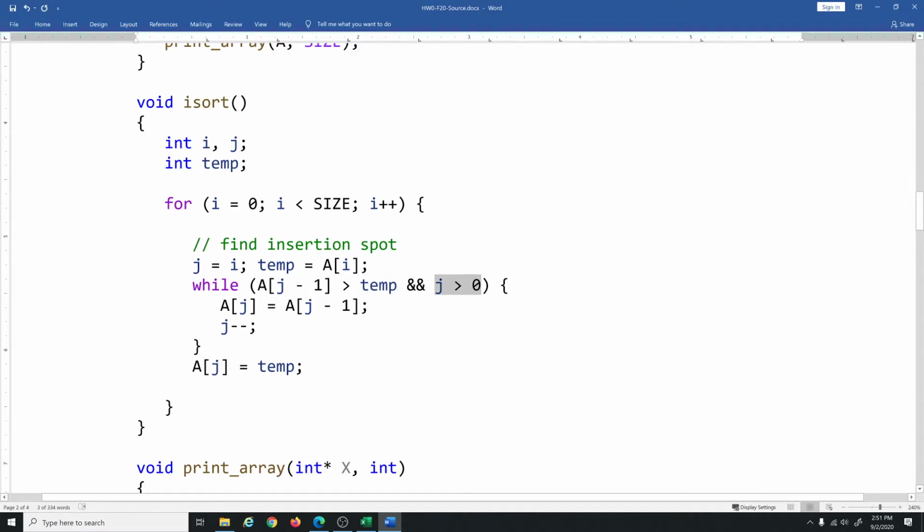I mean, it may get to a case where this comparison fails, which would terminate the loop earlier, but we use worst case, right? So worst case is this guy goes all the way to 0.